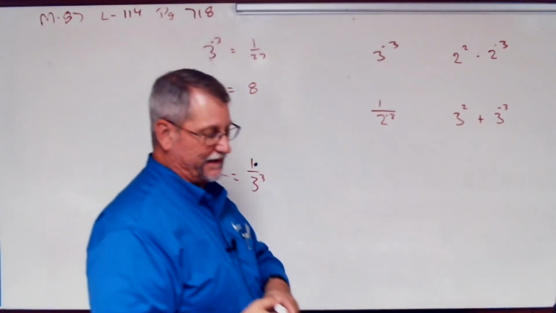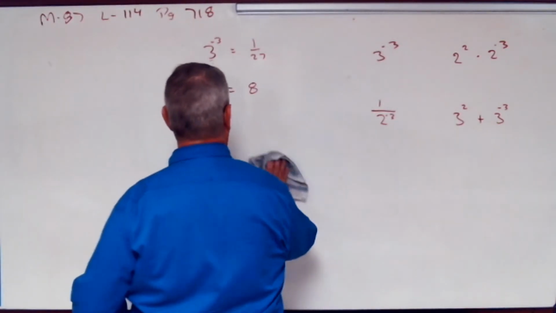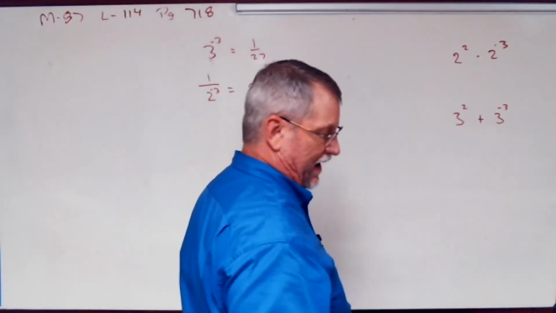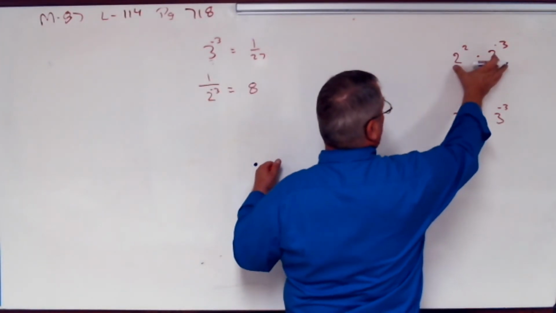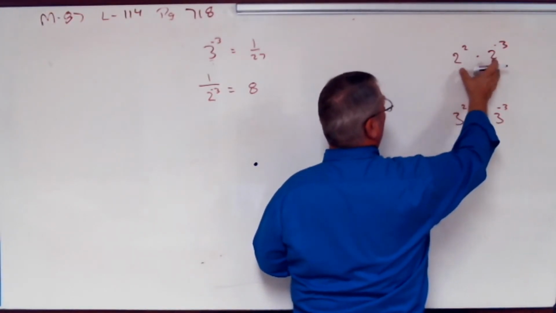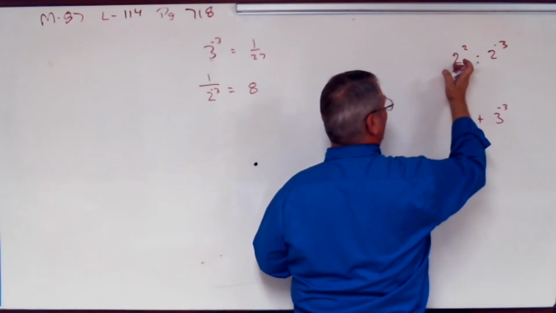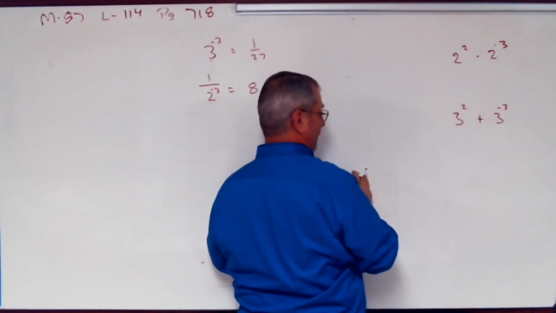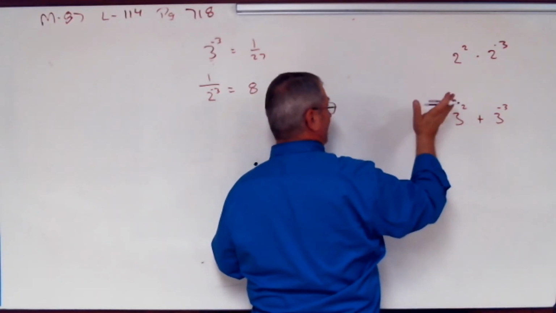Okay, so let's look at these over here. I'm going to get rid of these two here because we just did them. Now, right here, there's options. What did we say when we multiply and the bases are the same? What do we do with the exponents? We add them, right?